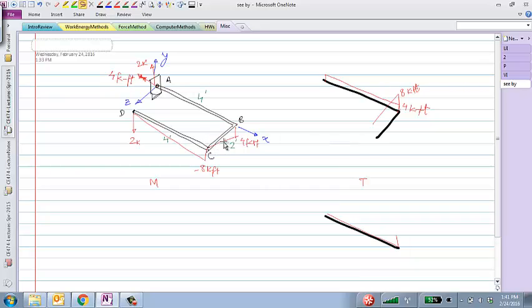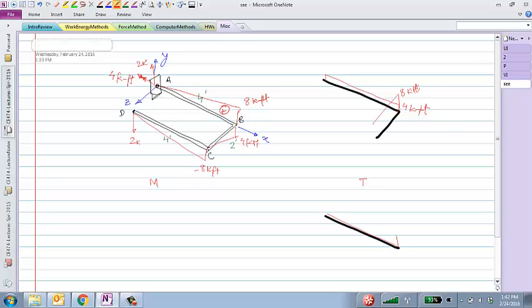Since BC is turning counterclockwise, it is going to apply a positive moment on AB, and it's going to start at the same value as the torsion, which is 8, and go back down to 0 at the fixed end. So this is 8 kip feet, and this is positive, which is quite counterintuitive.